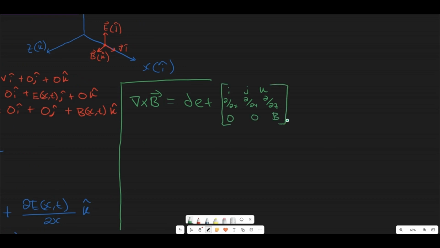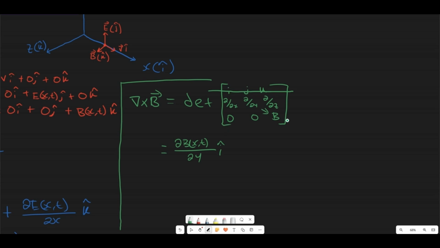And once again, just like we did before, doing the cofactor expansion of this, I'm going to block out this entire row, block out the first column, take this determinant, and we get partial B of x,t by partial y, and then the other one becomes 0, so i hat.